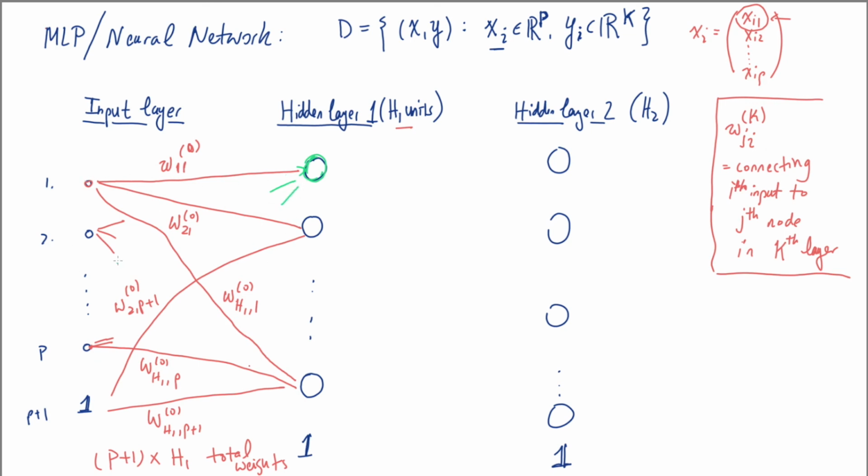In fact, it's receiving the p plus 1 inputs. It computes the summation, which we'll call net 1, 1. I'll explain what this terminology means in a minute. And this is the sum, let's say j equals 1 to p plus 1, w1j 0, and let me call this output of 0j.